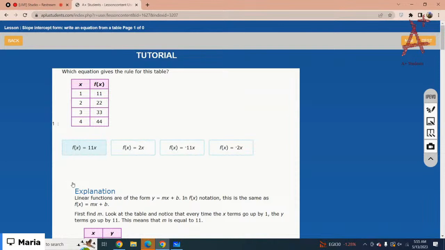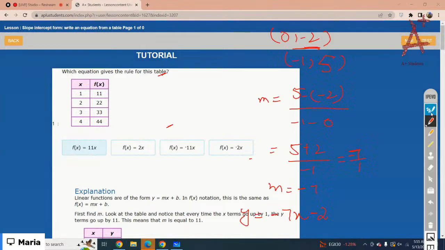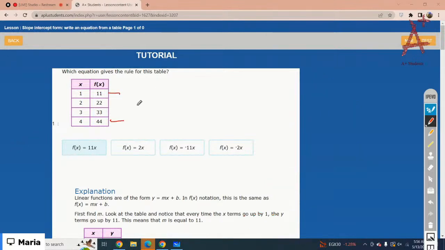Which equation gives the rule of this table? So you are given the x and the f of x. You have to calculate the slope from the table, and then you have to calculate the y-intercept of the table. Got it? So how do you calculate the slope? You can use any 2 points and calculate the slope. Got it? Let's suppose I am using the first point and the last point to find the slope.